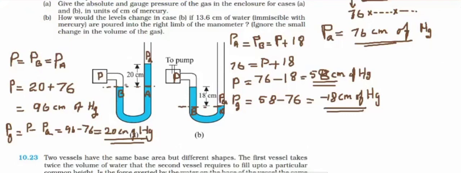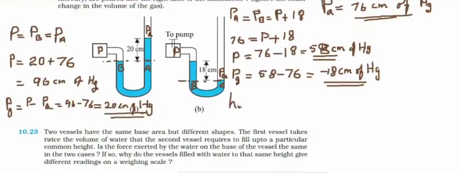So we can calculate the equivalent height of mercury. How can you calculate it? Take H_W rho_W g equal to H_M rho_M g.